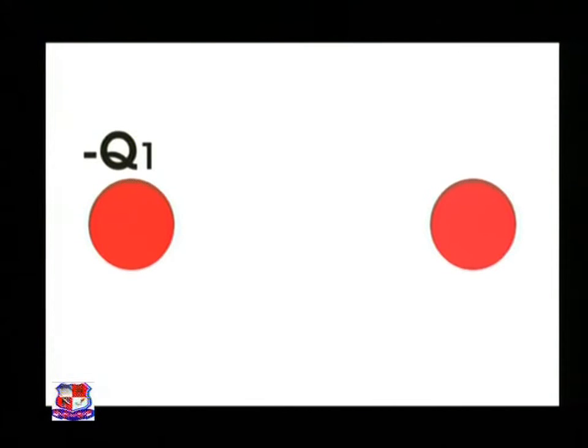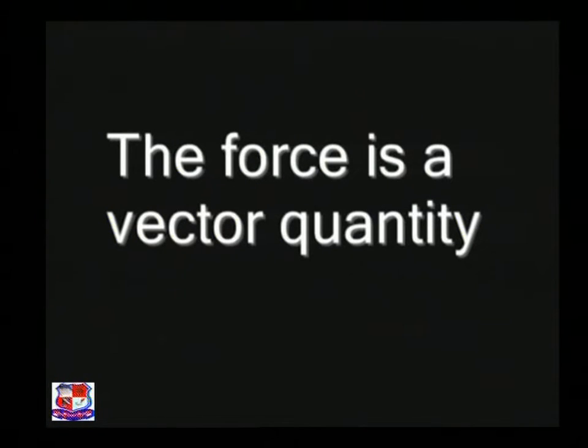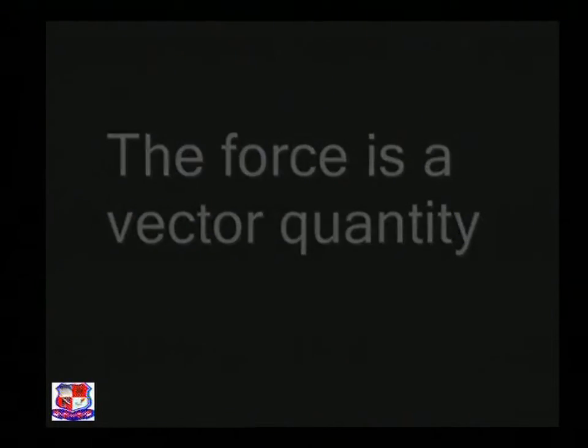Again, one body is negatively charged with minus Q1 and the other with minus Q2. The force is again repulsive. The force is a vector quantity, which means it has direction in addition to its magnitude. Here the force acts along the straight line joining the centers of the charged bodies.